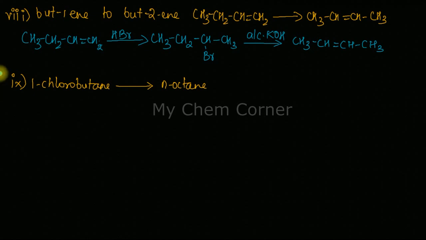I need to show 1-chlorobutane, which is CH3, CH2, CH2, CH2 and the Cl, and I'm going to form n-octane. N-octane is just a long chain of 8 carbons. Octane is 8 carbons.